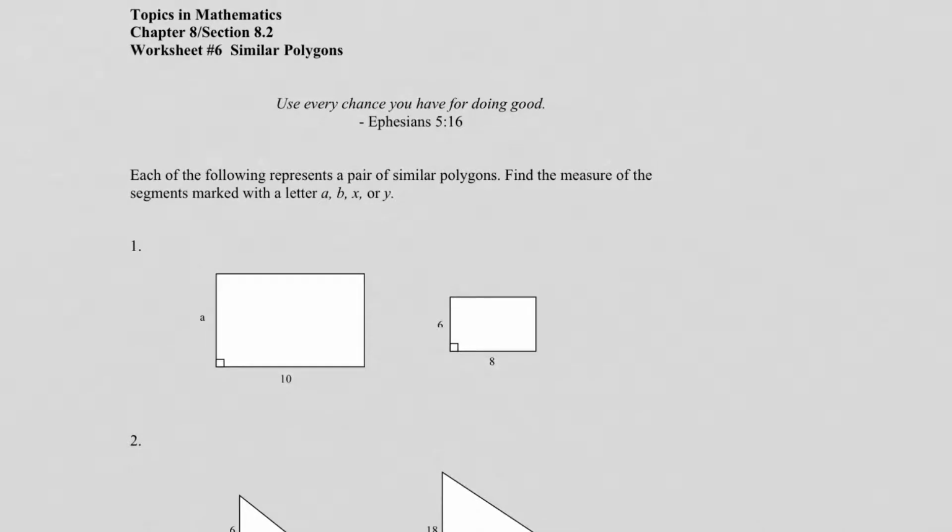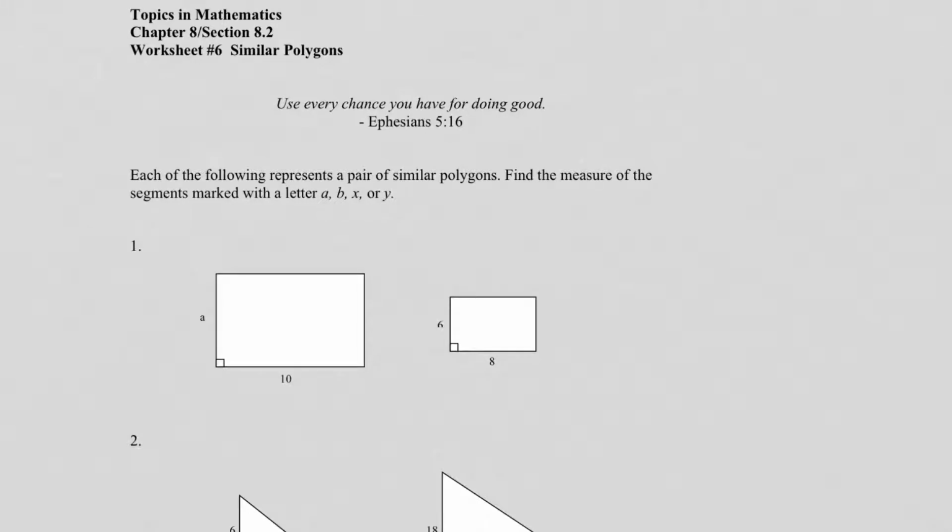Okay, so for example, these two rectangles are similar because they're both rectangles and one is bigger than the other, obviously, but we can create ratios, which in turn creates proportions, and this proportion we can use to solve for any missing side that we have.